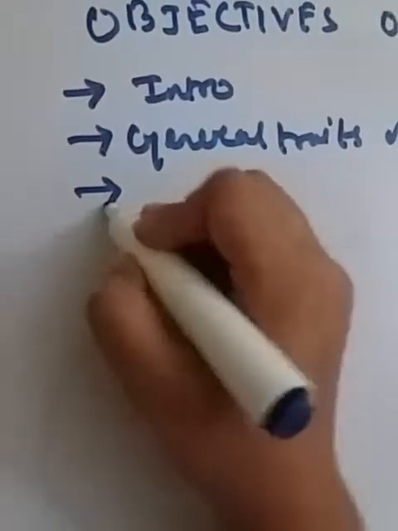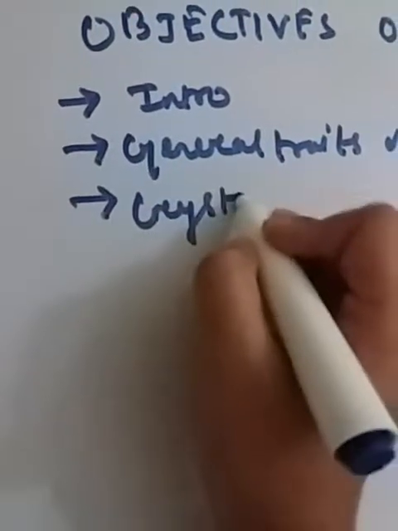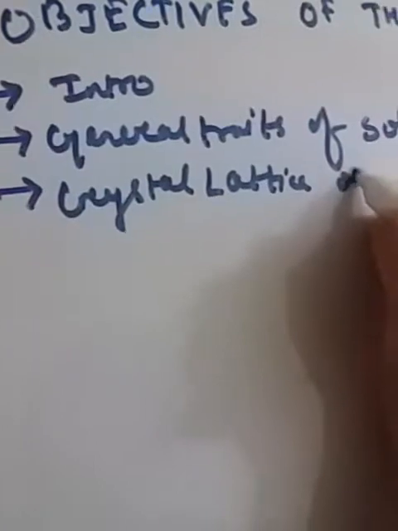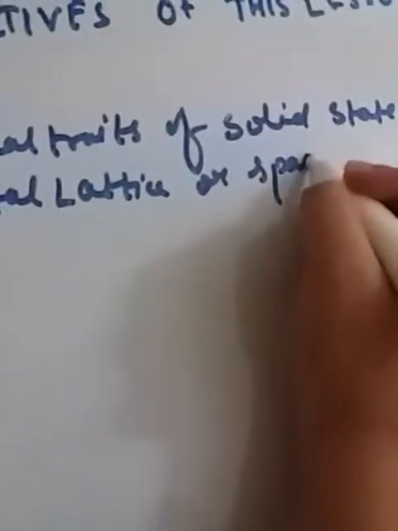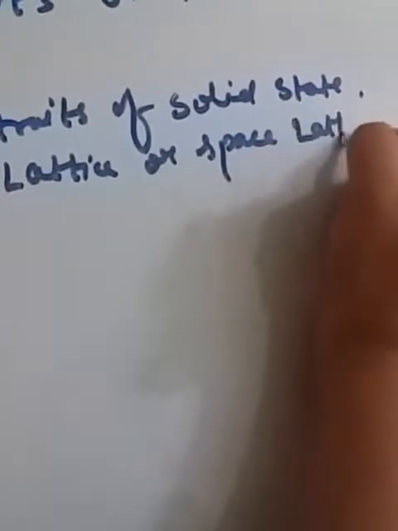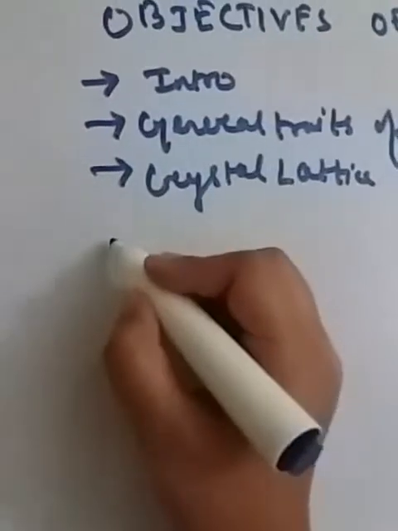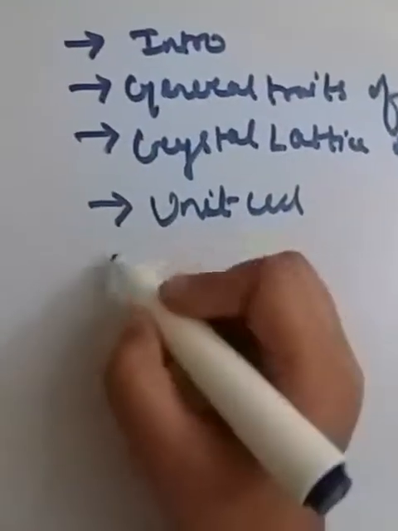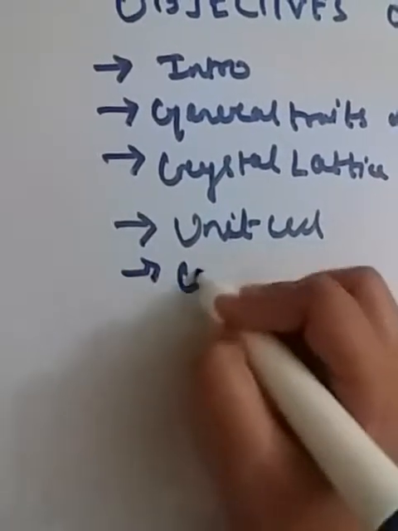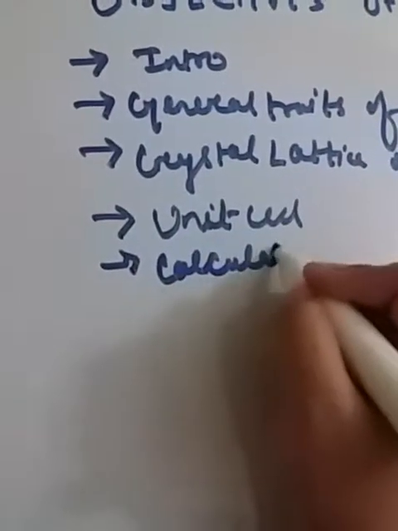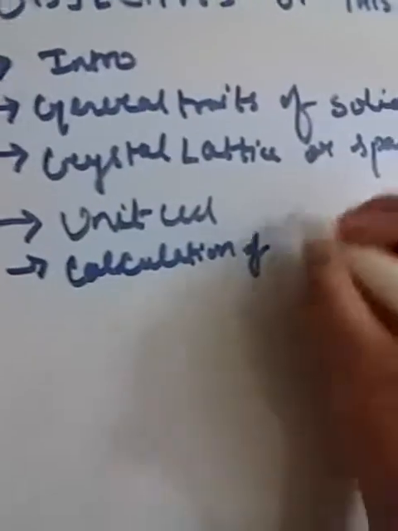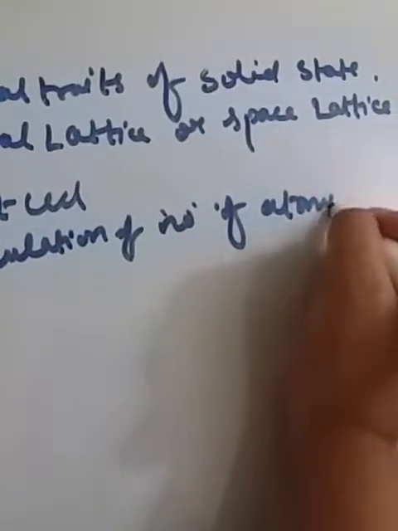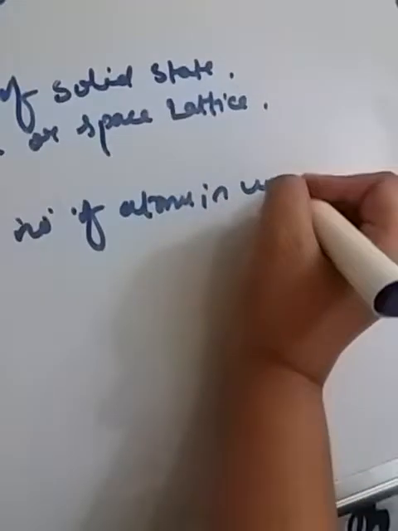Then we will read about crystal lattice or space lattice. Then we are going to read about unit cell. Then you will read about calculation of number of atoms in unit cell.